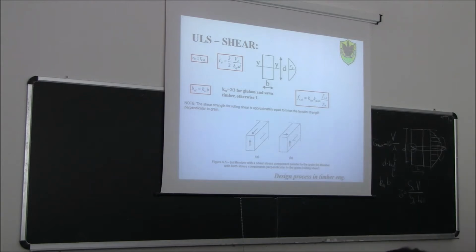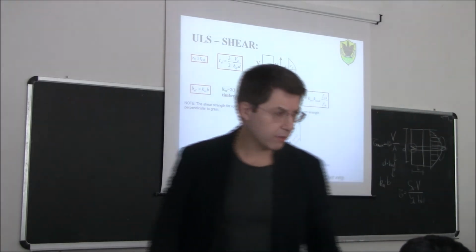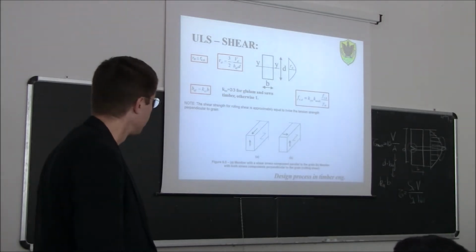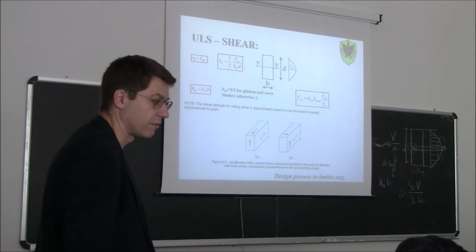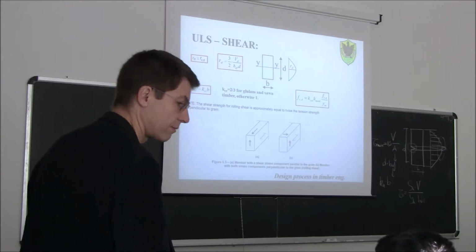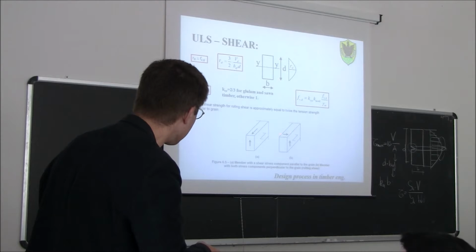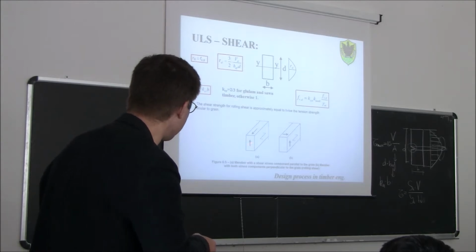If you remember, we said that corresponding to those three shear planes, there are different shear strengths. Do you remember where we have the maximum shear strength, along which plane of those three? Vertical, parallel to the grain.